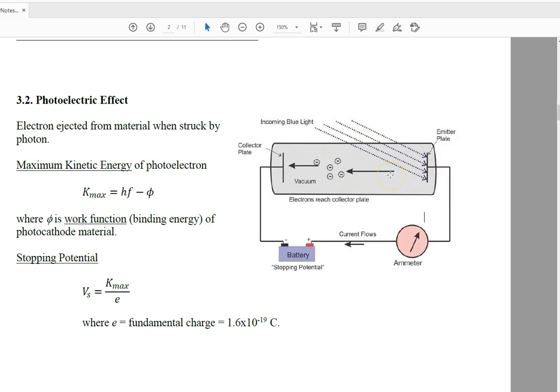Some electrons are coming off faster than others. There's going to be some maximum kinetic energy. If you stop that maximum kinetic energy electron, that fastest ejected electron, that's when the current is going to hit zero. So the stopping potential is going to be stopping the electron that's ejected with the maximum kinetic energy. Okay? All right.